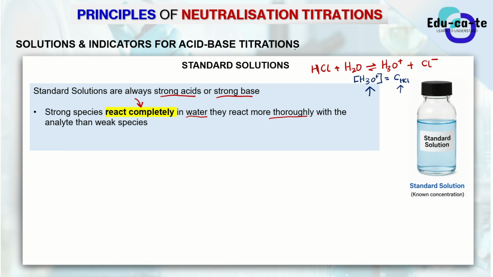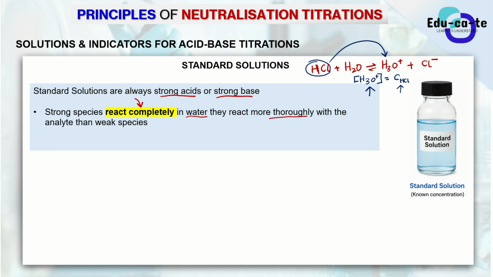It's because the HCl completely dissociates to form H3O+. So if the concentration of HCl was 0.2 molar, then the concentration of the H3O+ ions formed is also going to be 0.2 molar, because this is a strong acid.